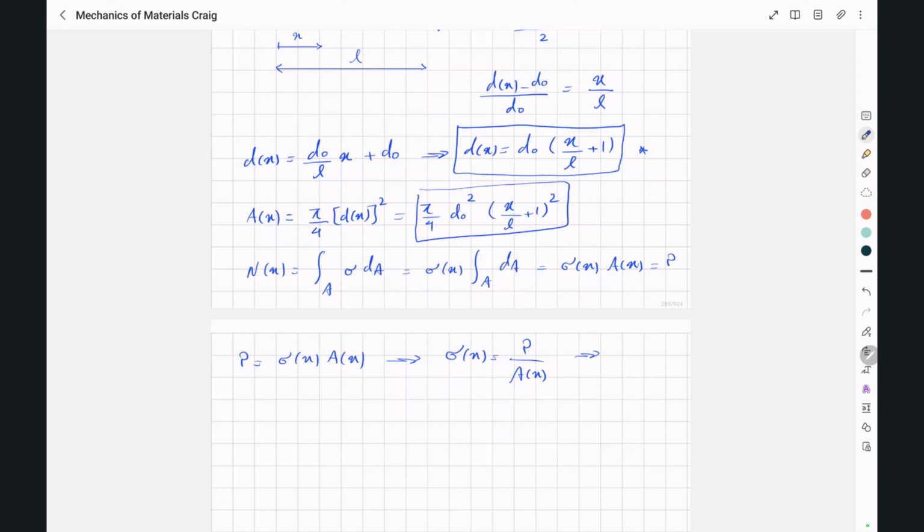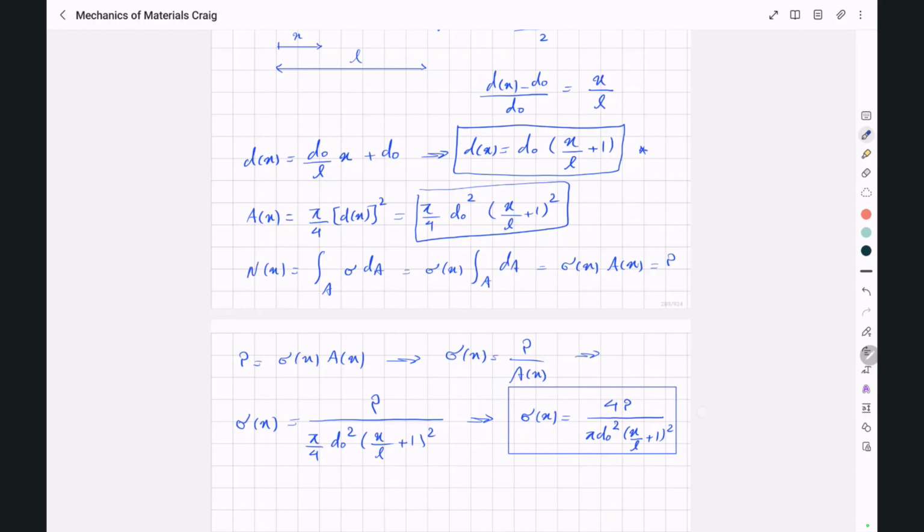So sigma x will have an expression like P divided by pi divided by 4 d0 to the power of 2 (x over L plus 1) to the power of 2, or sigma x will be equal to 4P divided by pi d0 to the power of 2 (x over L plus 1) to the power of 2. So this will be the answer for part A of the question.